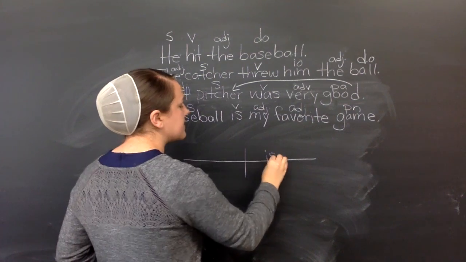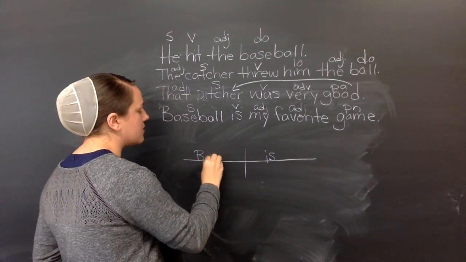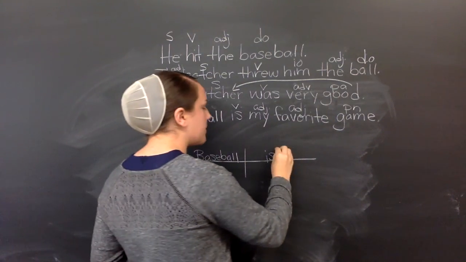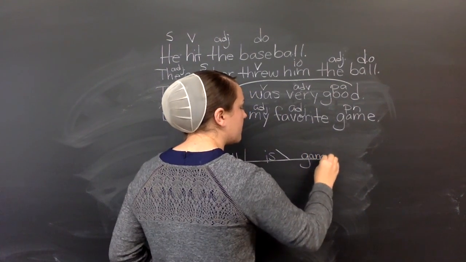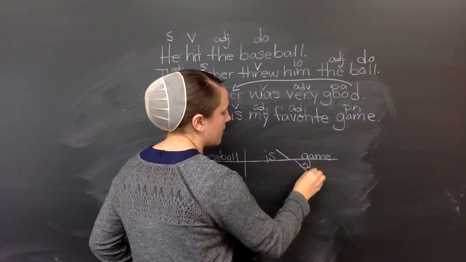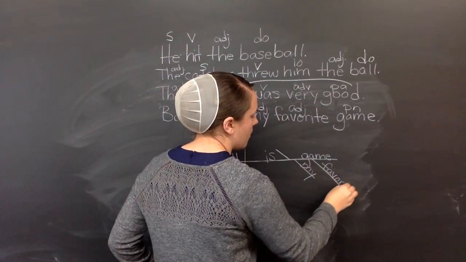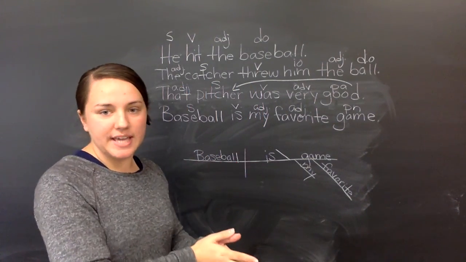We have is to the right of our line. We have baseball to the left. Now, game, our predicate nominative, goes after a slanted line after the verb. My, favorite. Okay, baseball is my favorite game.